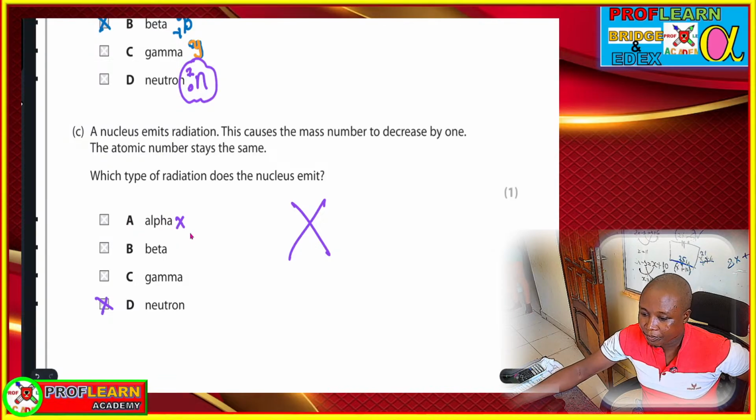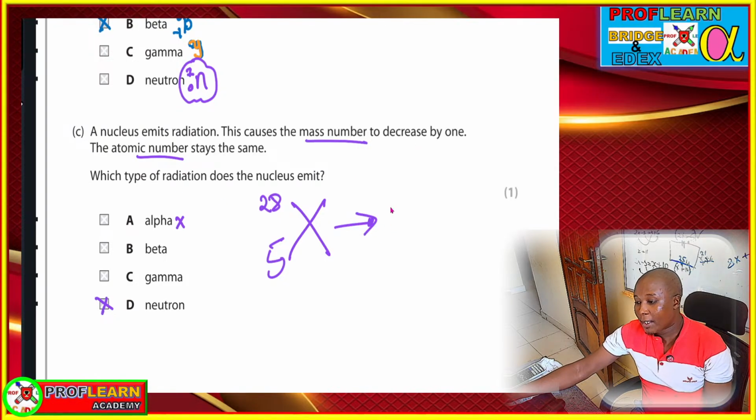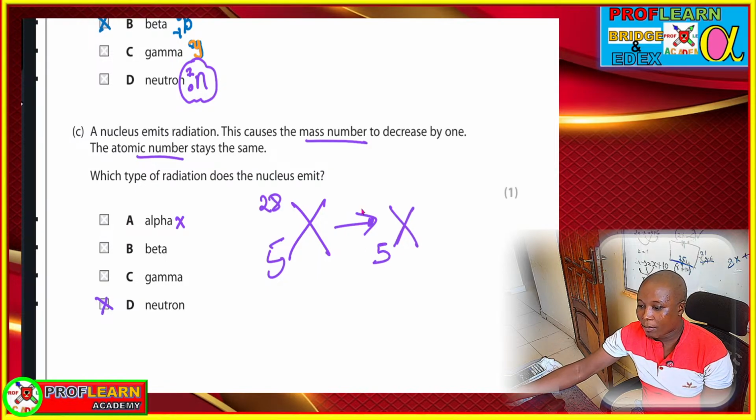So if you have, for instance, an element X which has 28, I'm just giving an example, and atomic number of 5, and it's emitting a neutron, we are told the mass number decreases by 1 and the atomic number remains the same. So the element will remain the same element, atomic number will remain the same, but since it's emitting a neutron, we shall have 1 0 here.